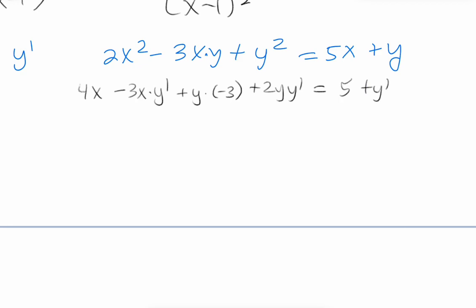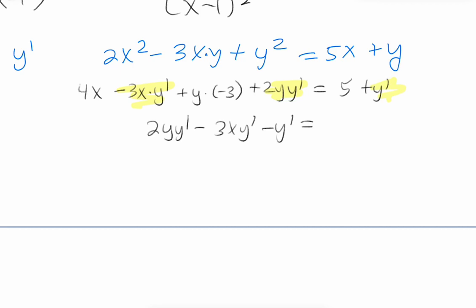Are we good? Okay. So every piece that contains a y prime is going to go to the left. And the pieces that do not have a y prime are going to go to the right. So if we keep the y primes on the left, we're going to get 2y prime minus 3x y prime minus y prime.